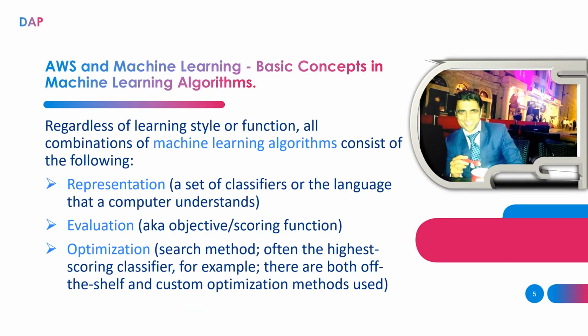Regardless of learning style or function, all combinations of machine learning algorithms consist of the following: representation, evaluation, and optimization. Representation means a set of classifiers or the language that the computer understands, evaluation is about the objective or scoring function, and optimization is a search method.